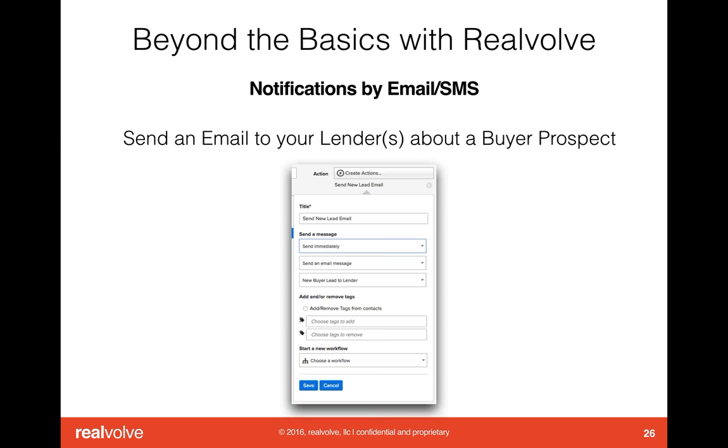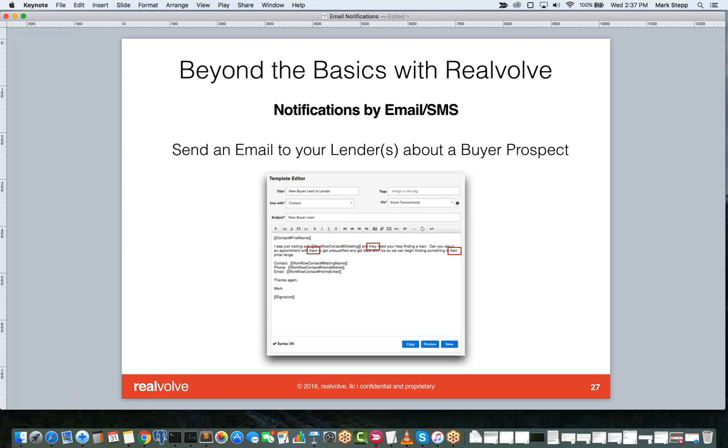Where can I see a list of all the merge fields that are available within Realvolve? Okay, so we do have that in our help section, and I probably should have pulled that up. Let me go to a screen here real quick.